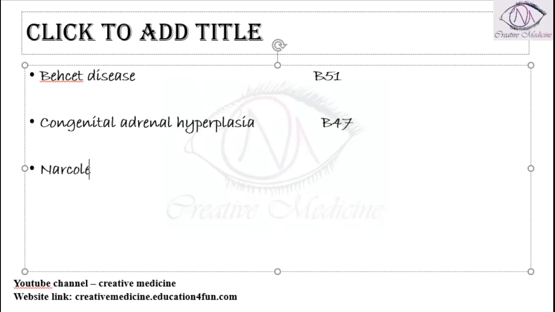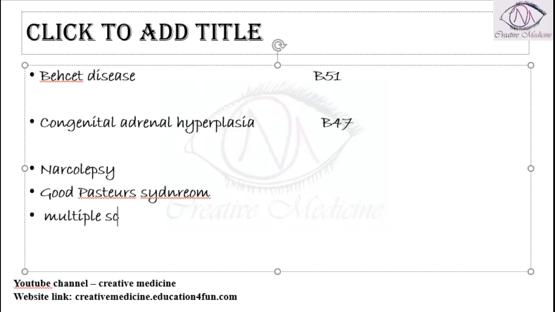Then the markers for narcolepsy, Goodpasture syndrome, and multiple sclerosis: for all these three, DR2 is the marker.